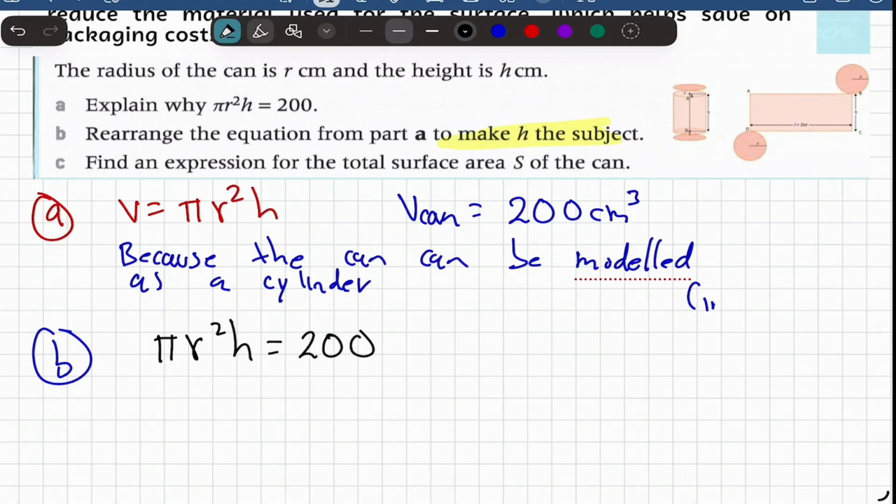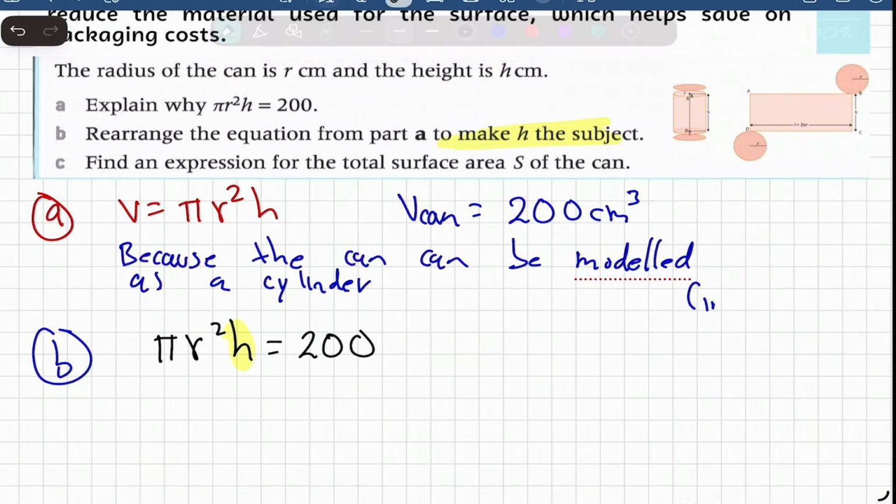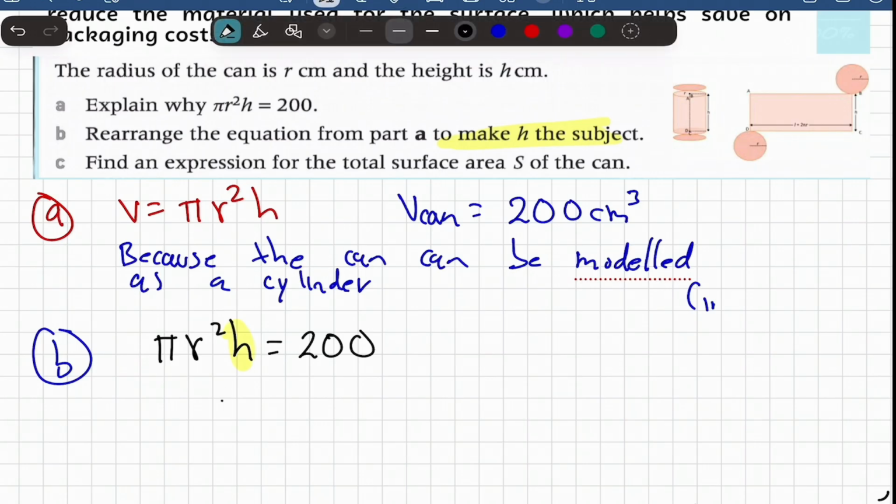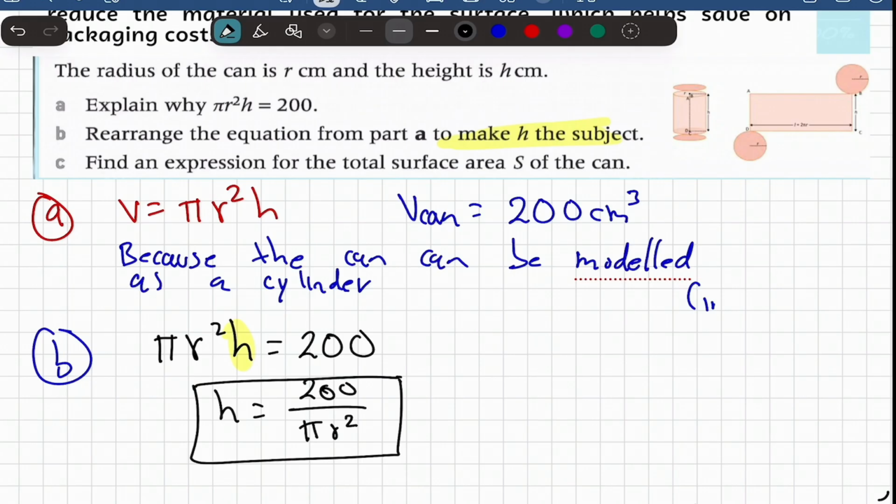So we need to isolate h, easy peasy. Pi and radius squared are multiplying the h, so we need to do the opposite operation. Basically, h is 200 divided by pi radius squared. That's it. This is B. Now we have h equals something, that is, make h the subject.